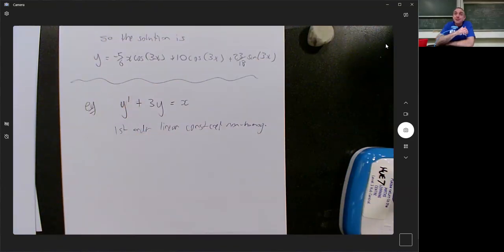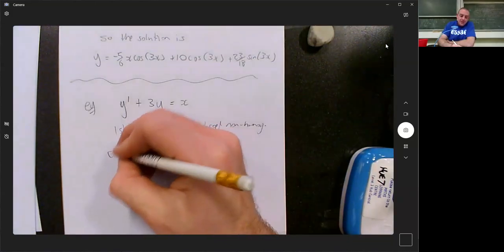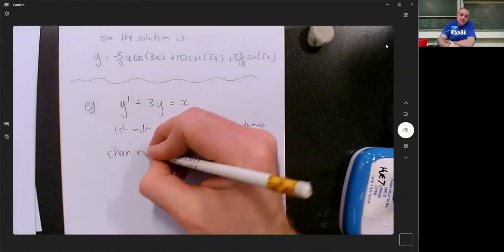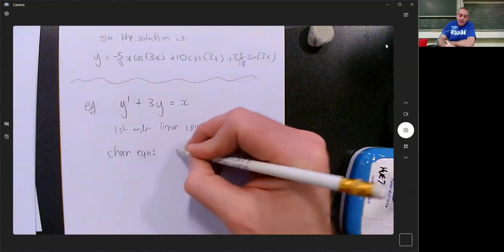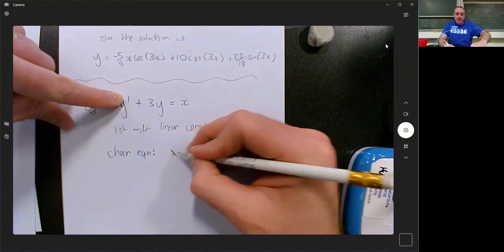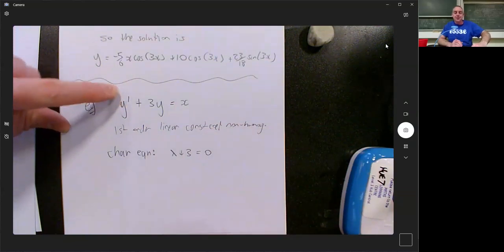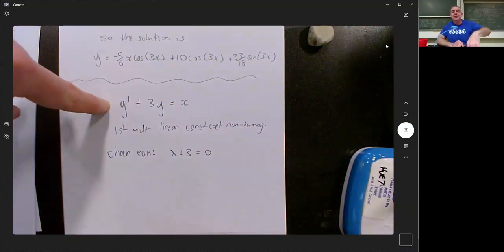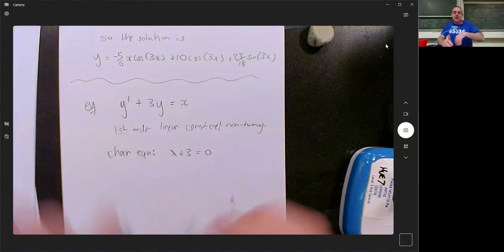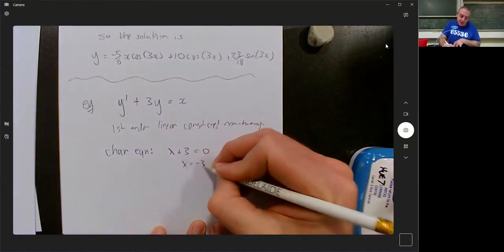But watch this. This has a characteristic equation, right? Which would be lambda + 3 = 0. Because the double dash would have become a lambda squared, and a single dash becomes a lambda, and so lambda is -3.